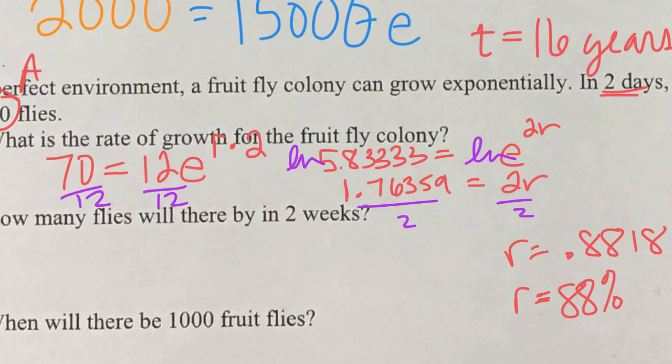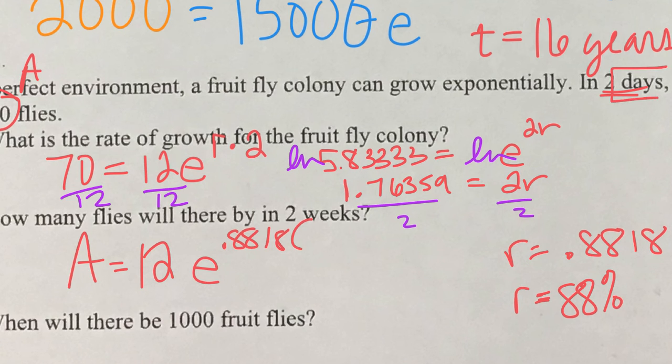So part B, how many flies will there be in 2 weeks? 2 weeks' time. So that is our A question. The amount started with 12. Our rate is 0.8818 and 2 weeks. Okay, don't plug in 2 because our growth was first given to us in days.